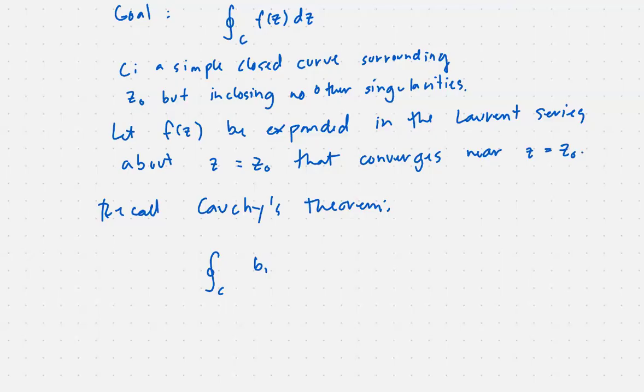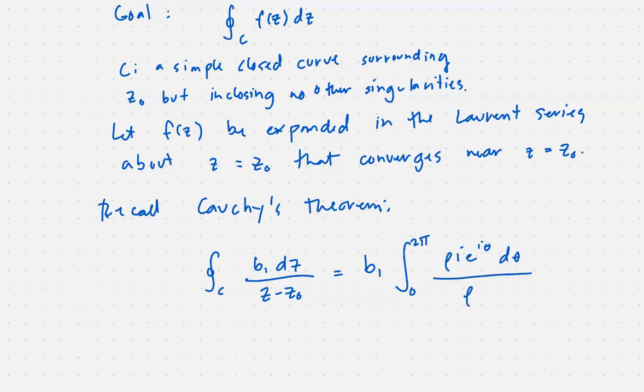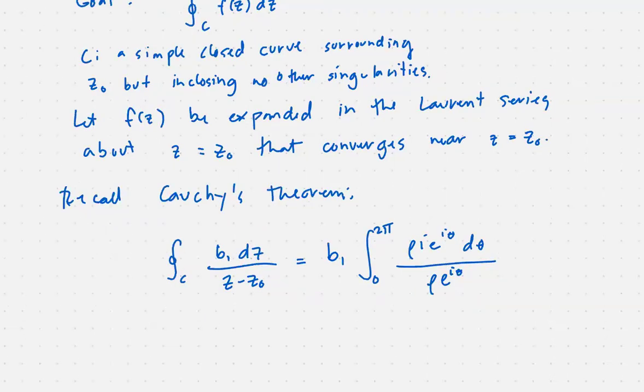So the integral of B sub 1 dz over z minus c sub 0 is equal to B1 times the integral from 0 to 2 pi of rho i e^(i theta) d theta over rho e^(i theta), right? Now, if you look at this case, you can actually cancel out rho e^(i theta). Okay? Now, in this case, i is a constant, therefore our integration will just remain as simple as d theta. So we're integrating d theta from 0 to 2 pi, right?